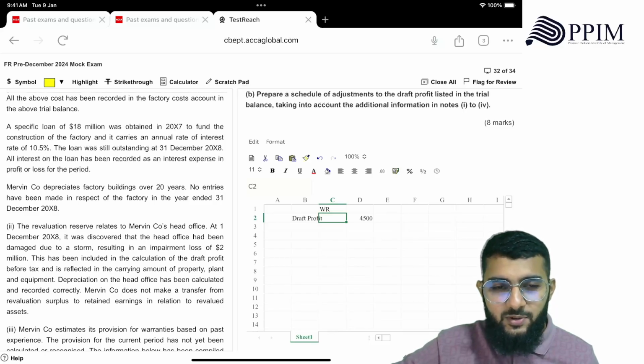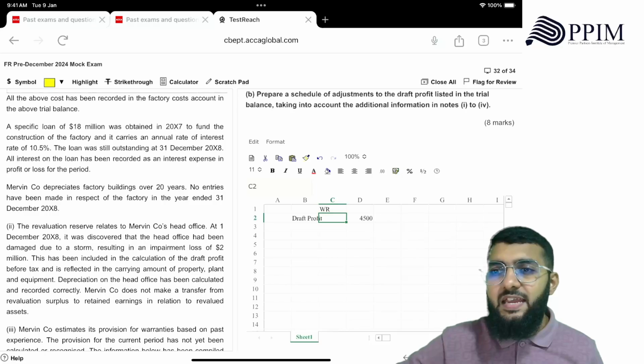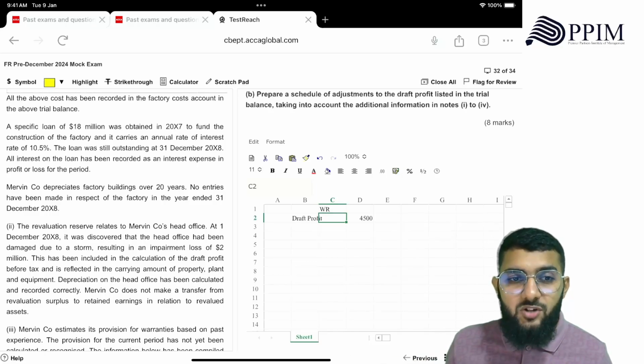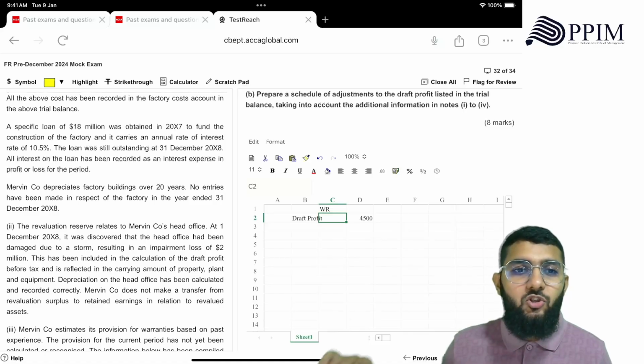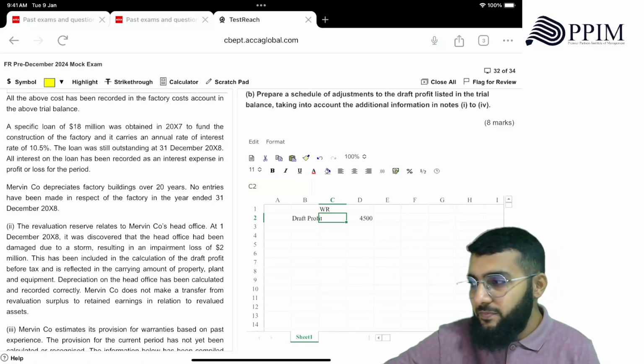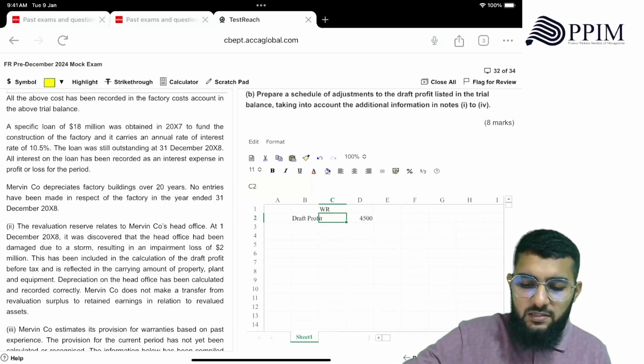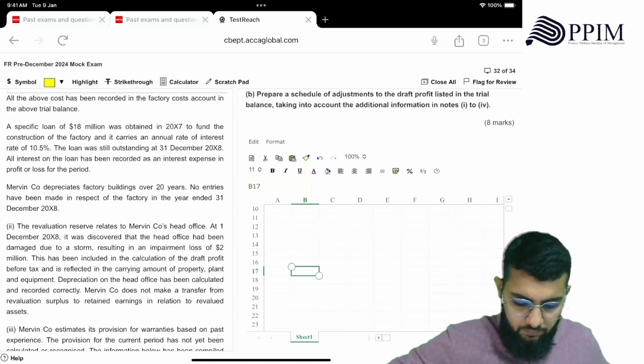What does IAS 23 say? Any specific interest that has been obtained for construction, acquisition, or production of a qualifying asset, you will have to capitalize. Right? So let's go to the working.